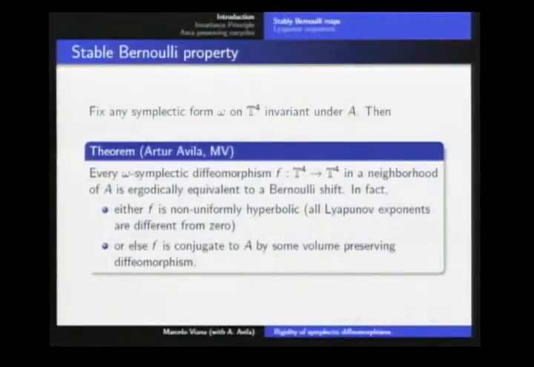You don't know if that happens, but it may happen that by perturbing the diffeomorphism, the two center Lyapunov exponents become non-zero. Because of the symplectic assumption, they are either both 0 or both non-zero. So if that happens, then of course you are in the hyperbolic world, non-uniformly hyperbolic.